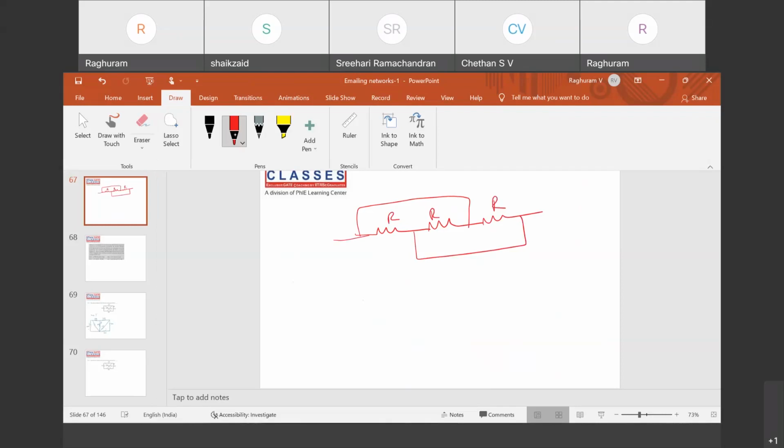In the last class, R by 3, right? All these are in parallel, since both the ends of one are connected to both the ends of the others. Now find the equivalent resistance between A and B. What is the equivalent resistance now?